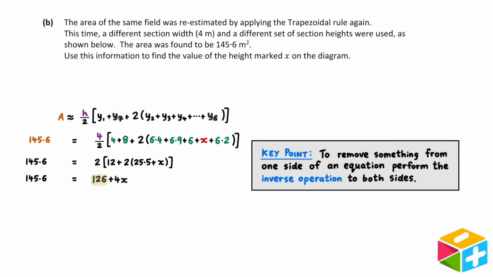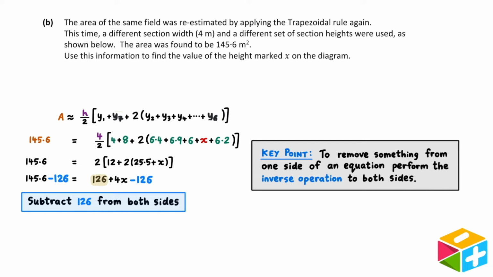The first thing I'm going to remove here is the 126. This represents addition. The inverse of addition is subtraction, so what I need to do is to subtract 126 from both sides.